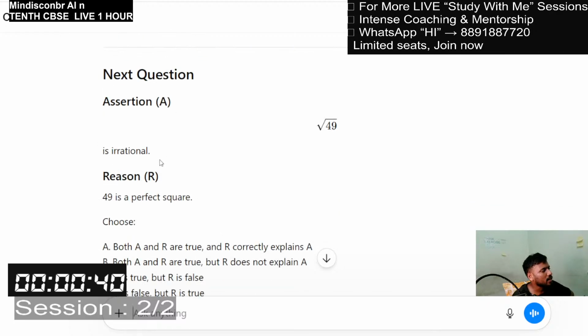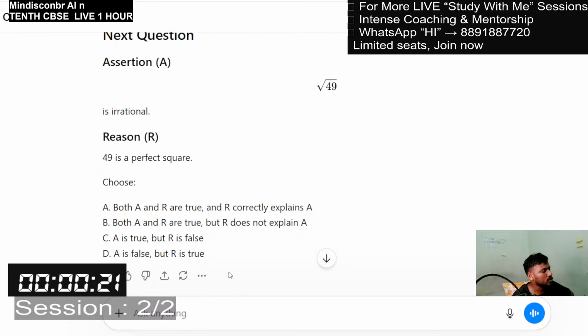Assertion: root 49 is irrational. No. Root 49 is 7, that is rational. 49 is a perfect square. A is false, R is true.